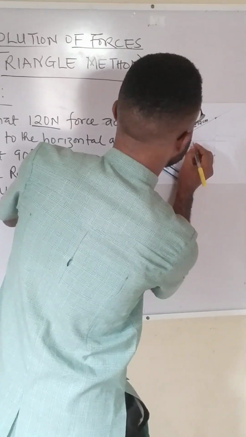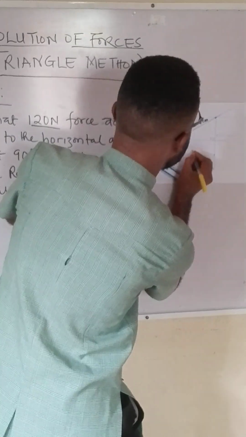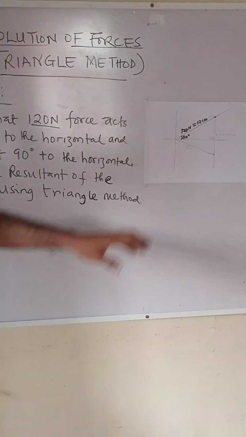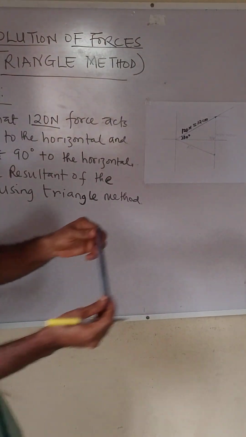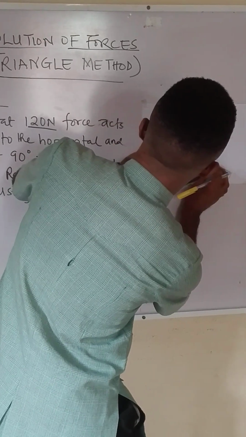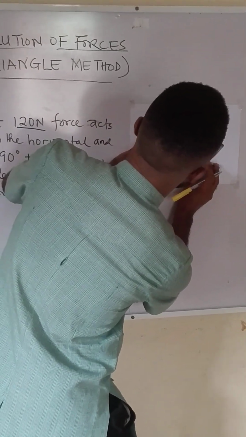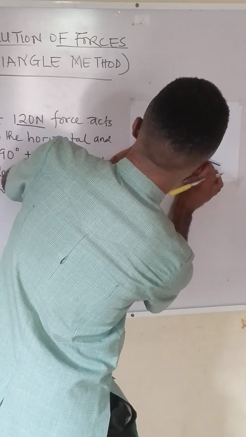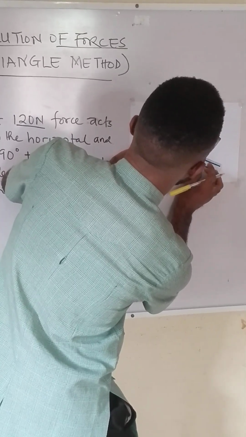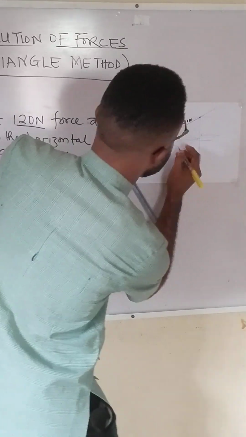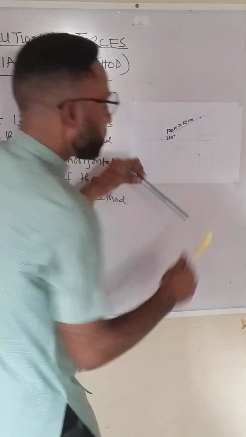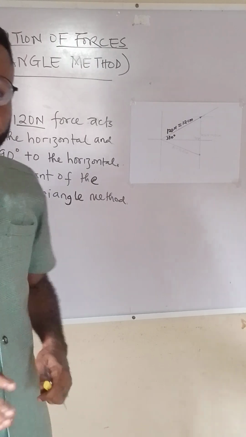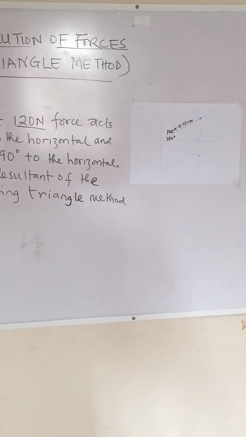This is our resultant, R. Note, we also have to measure the value of R. So we take the measurement. From my measurement here, my value of R is 11.3 cm.